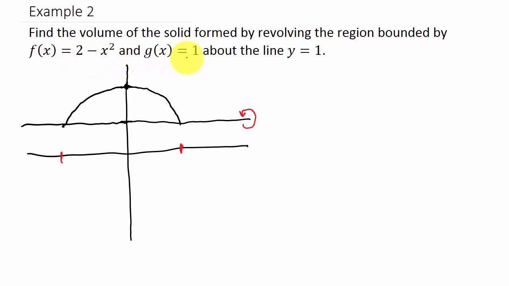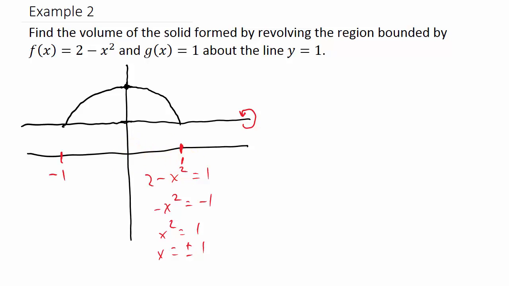So I'm going to set these two equal. I have 2 minus x squared equals 1, and then I just solve for x. So I get negative x squared equals negative 1, x squared equals positive 1, so x is equal to plus or minus 1. So we know this is negative 1 and this is positive 1.